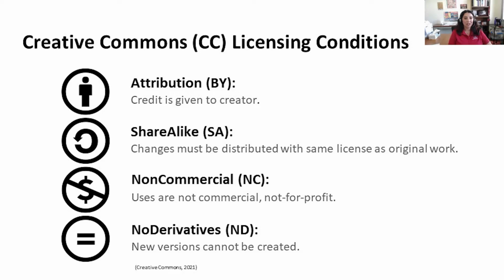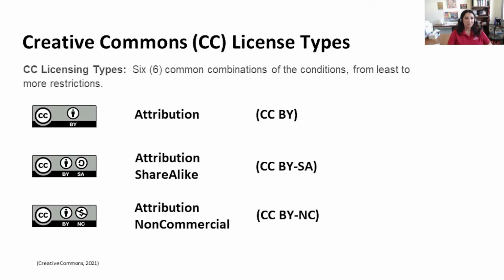So those are the four common licensing conditions that are out there, but they could be used in different combinations, and I'll show you that in just a moment. So Creative Commons has six very common licensing types and combinations. I mentioned the CC BY, that's the Creative Commons attribution. So there on the left, you've got the CC logo and the person in the circle logo.